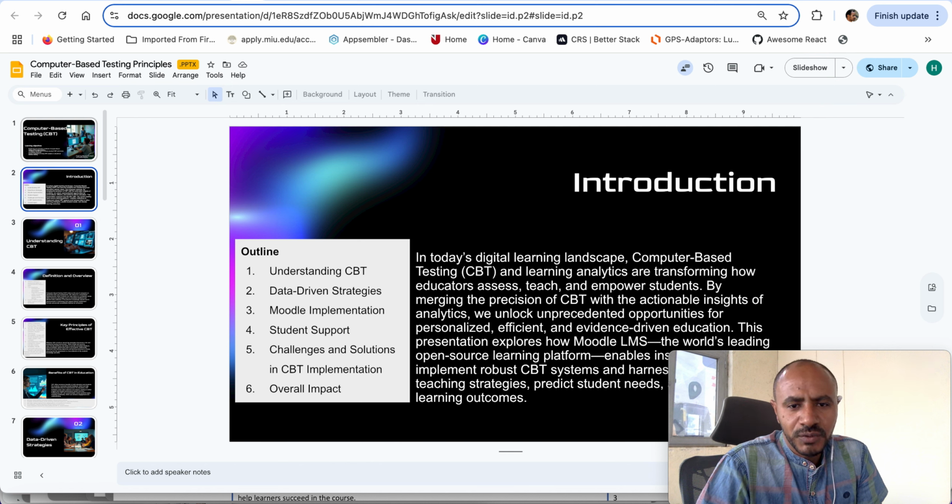Initially, we will discuss CBT, its overview, its basic principles, especially in relation to the traditional administration of exams, which is paper-based. Secondly, there is the opportunity computer-based testing brings to us, that is, easily collecting data and easily getting reports out of this collected data.